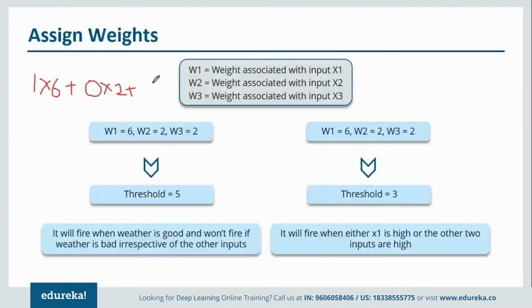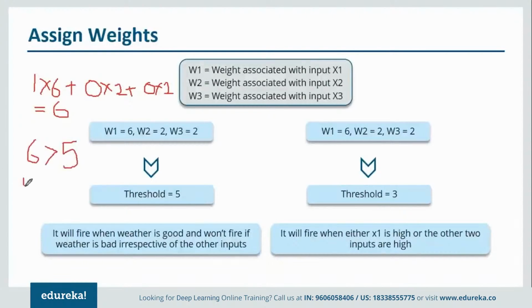Then again, there is no public transport available either, so this will also be 0 into 2. So what output do I get here? I get 6. And notice the threshold value is 5. So definitely 6 is greater than 5.